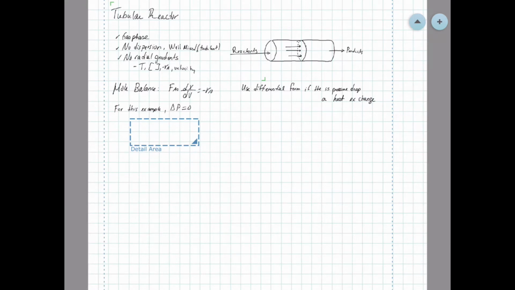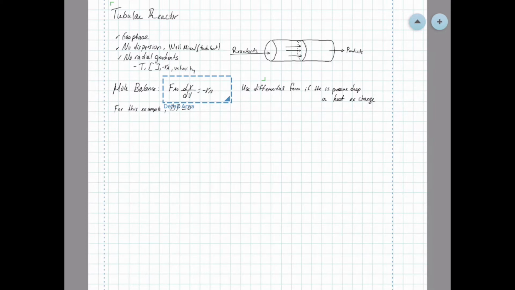From the mole balance, we get the differential form of the design equation for a flow reactor. Now that we know there could be pressure drop in a reactor, make sure that you always start with the derivation of the mole balance and stop at the differential form to decide if there's pressure drop or not.